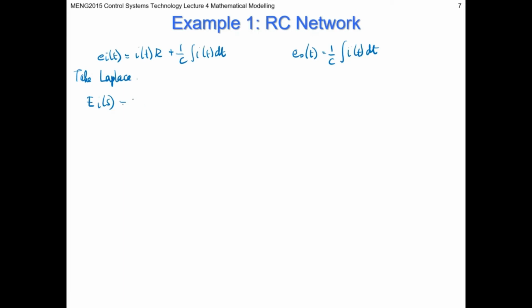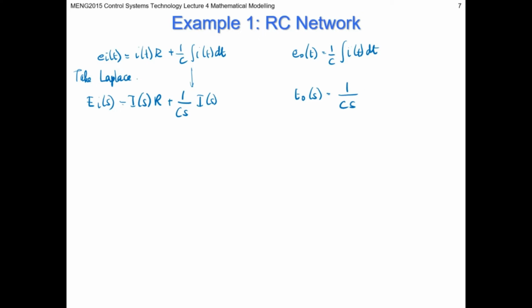that gives us E_I(s). Laplace of I(t) R will just give us I(s) R. That's a simple transform. Plus, now we have an integral, and when you have an integral, you have to divide by s. So you end up with 1 upon Cs times I(s). That's the Laplace transform of this. On the output side, we have another 1 upon C, and the integral, we resolve that by calling that 1 upon s.